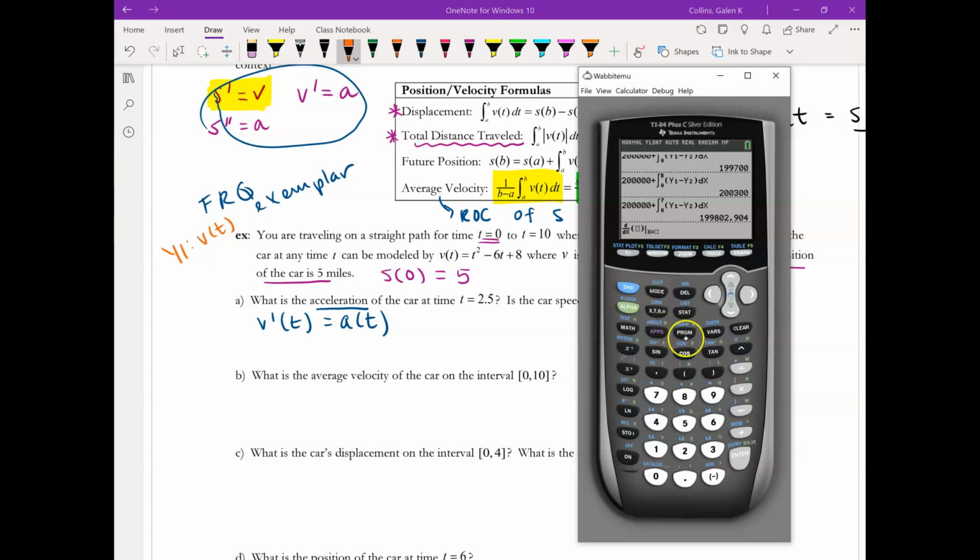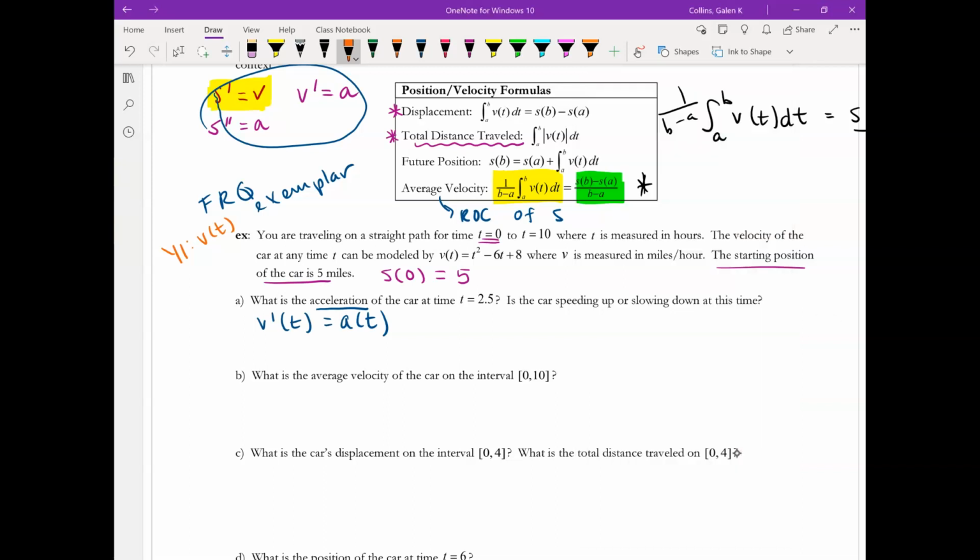My derivative is stored in y1, so vars, y-vars, function, y1, and I want to evaluate this derivative at 2.5. I plug that in and I get -1. So a of 2.5 equals -1. Since we have units, we should use them: miles per hour squared.